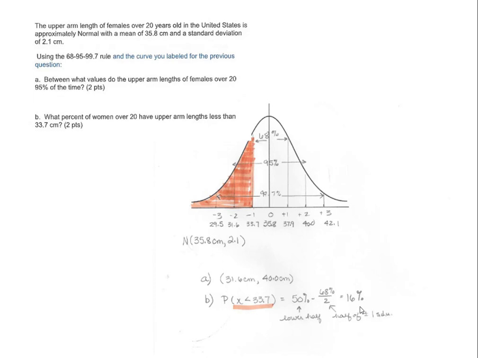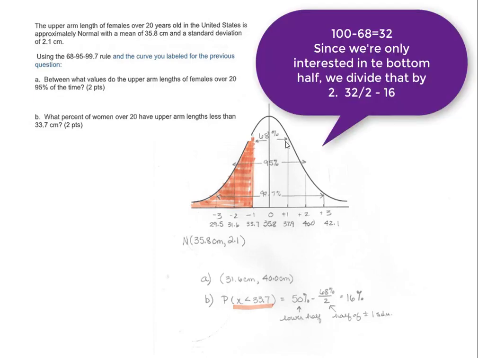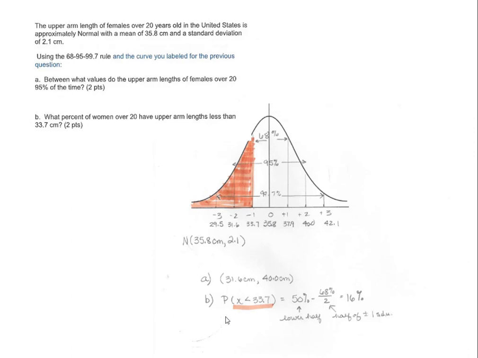The other way to do it is, if 68% is here, 100 minus 68 is going to be 32%. 32% divided by 2 is 16%. So that's how we get to that number. I hope this helps.